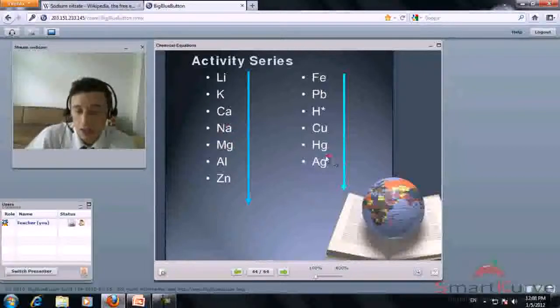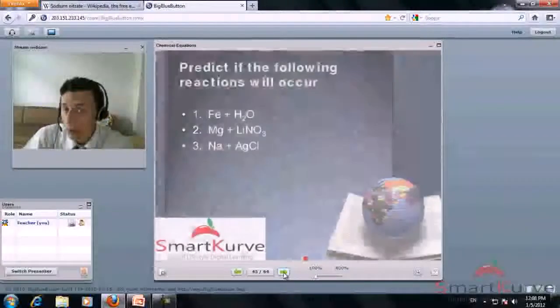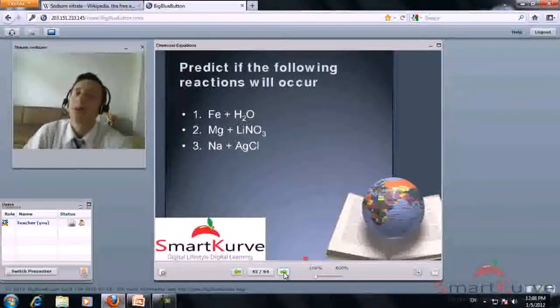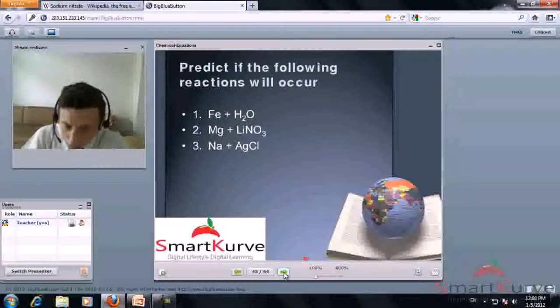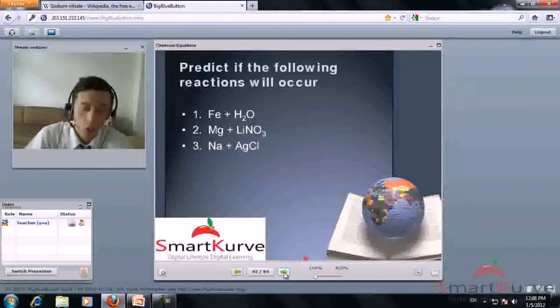Our silver is down here at the bottom of the list. That means that sodium is higher in the activity series. It is more reactive than silver. So yes, it will replace silver in that compound. So we'll end up with silver and sodium chloride.